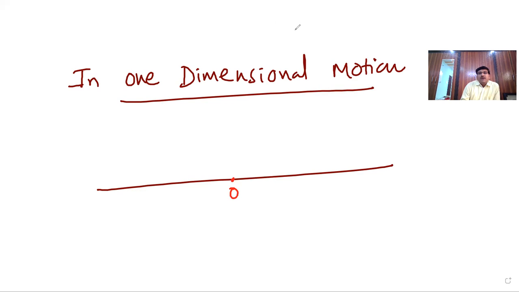Now, these are all the distances: 10, 20, 30, 40, 50. The scale I am adopting, all are in kilometers. Let us say the initial point is O, and it has moved up to 50 kilometers. Let us say it is A. The final position is A. Clear?